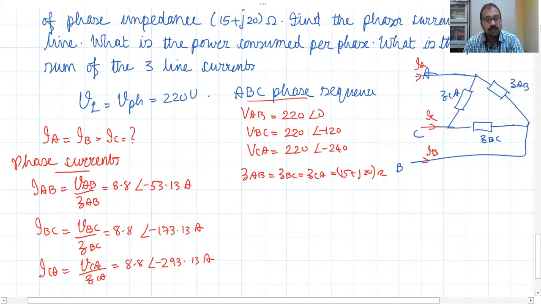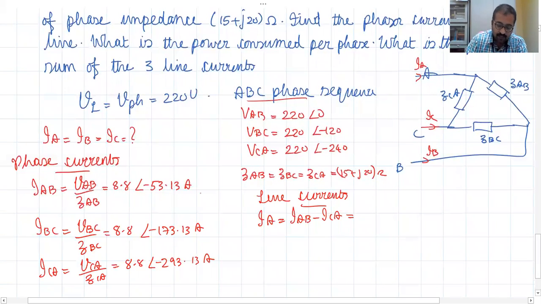So now we have found all the phase currents. How will you find the line currents? IA is IAB minus ICA. Just substitute the IAB value and ICA value you know. You should get 15.24 angle minus 83.13 ampere.